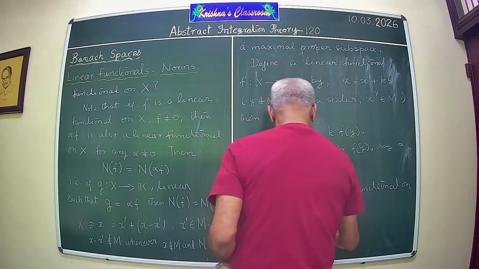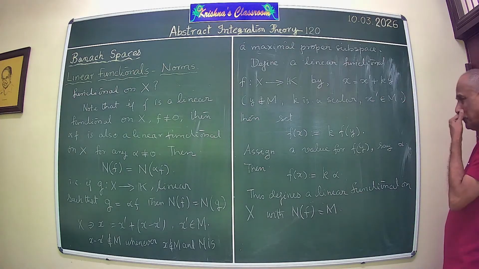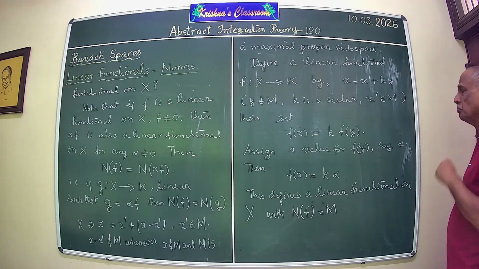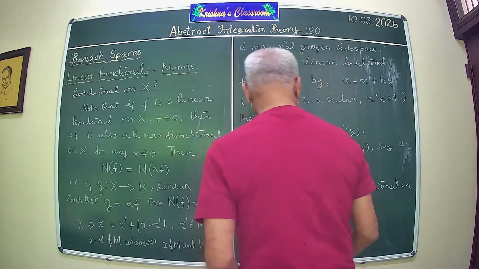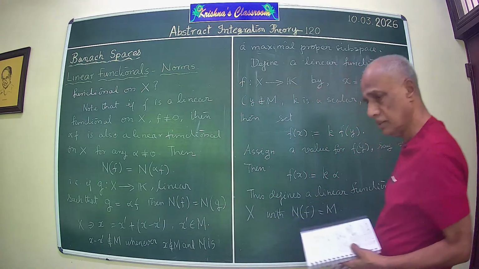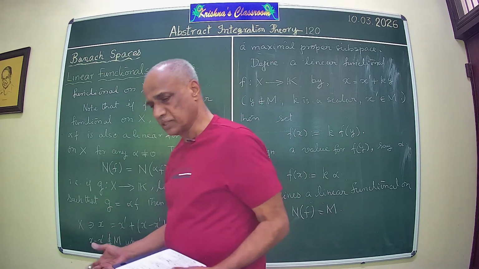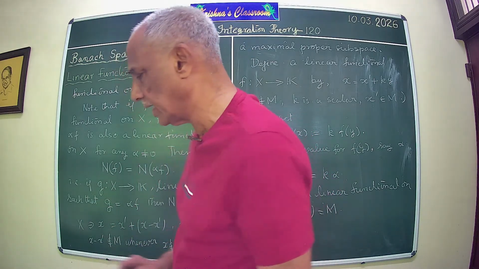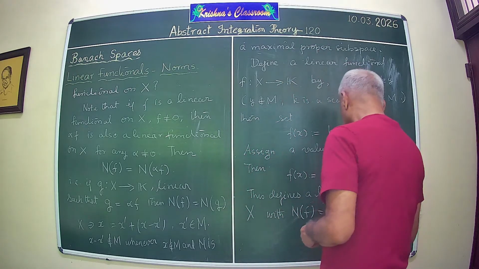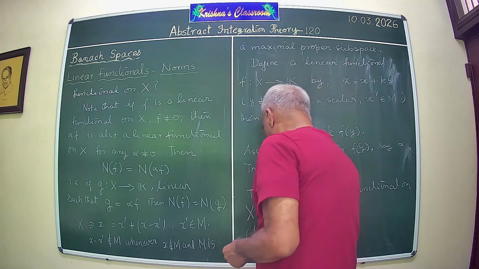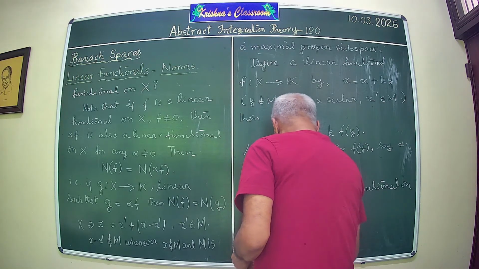null space. Okay. So given a maximal proper subspace, it is also called a hyperspace.